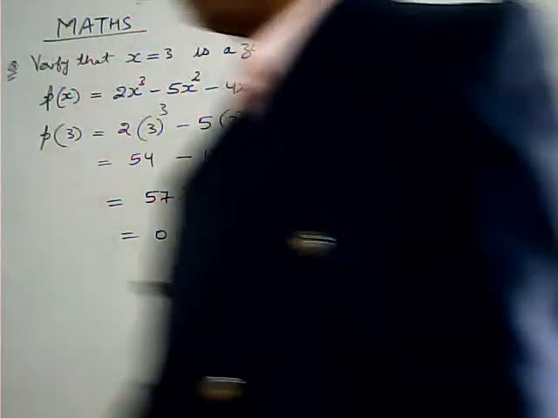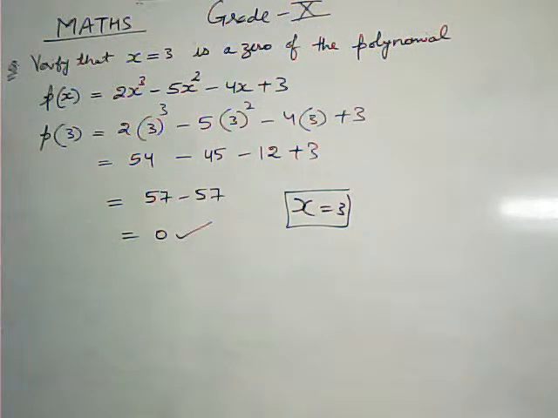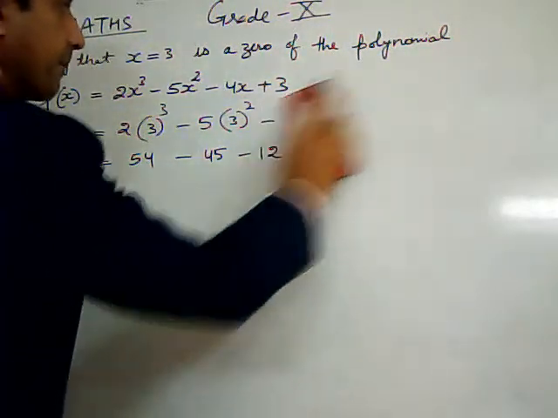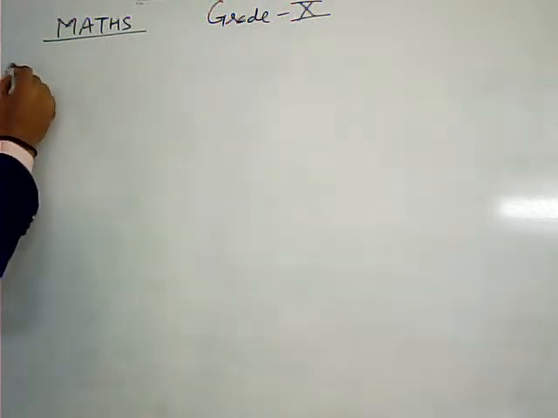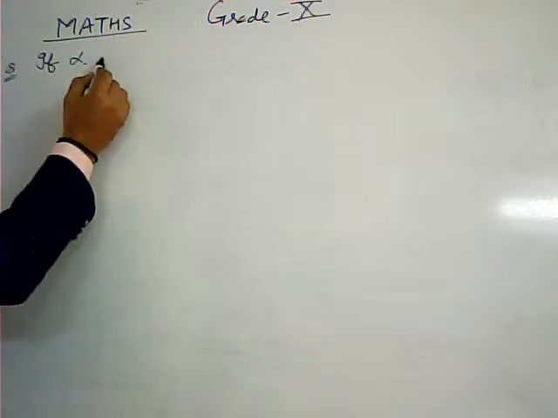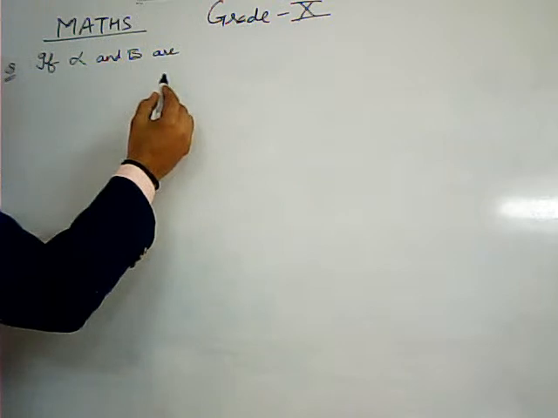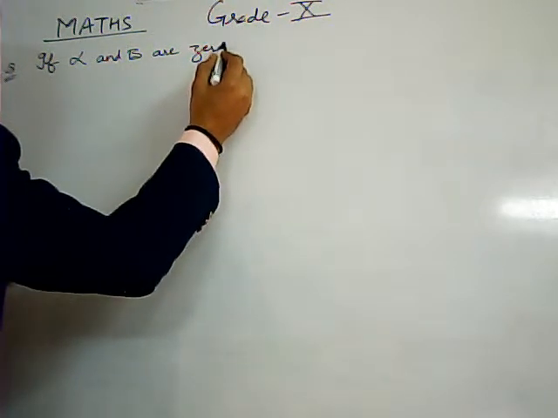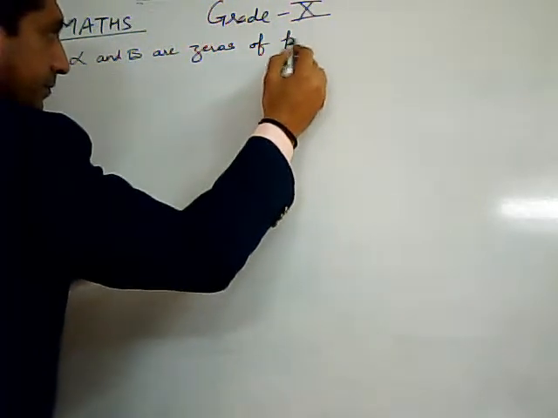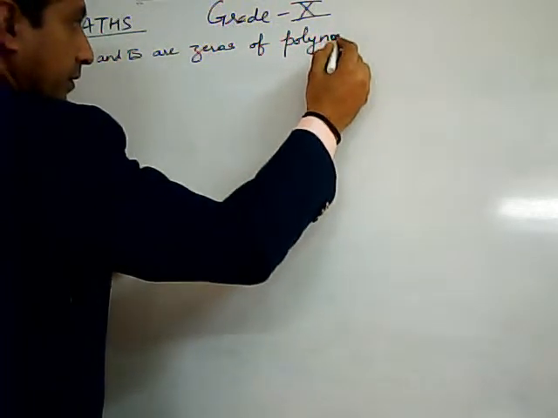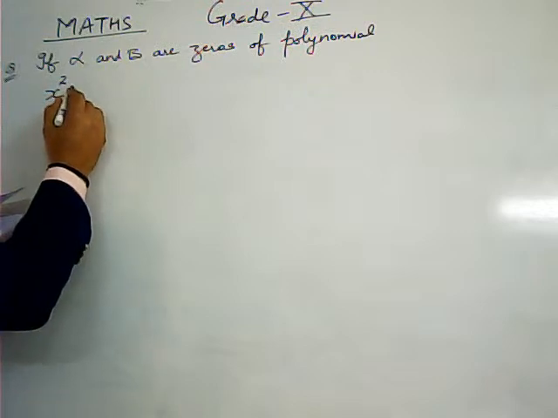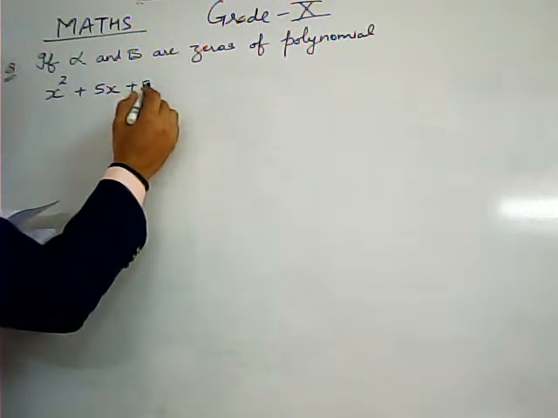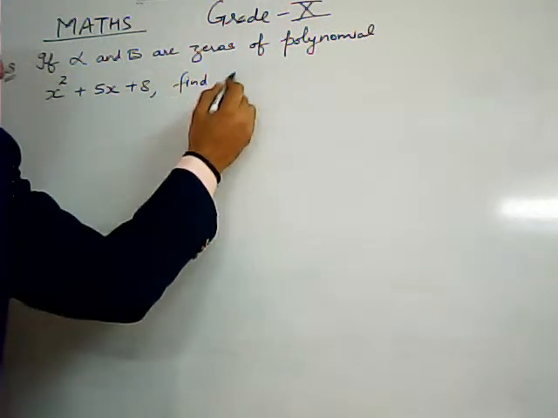Next question is: if alpha and beta are the zeros of the polynomial x square plus 5x plus 8, find alpha beta.